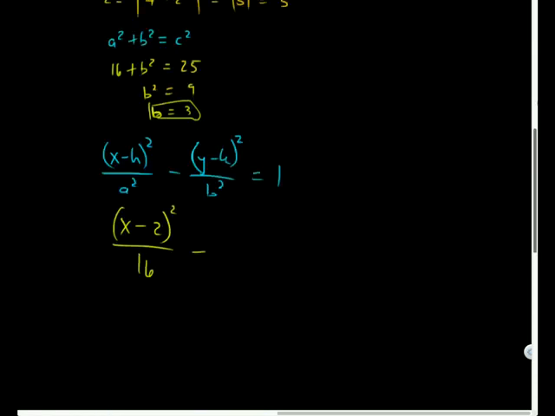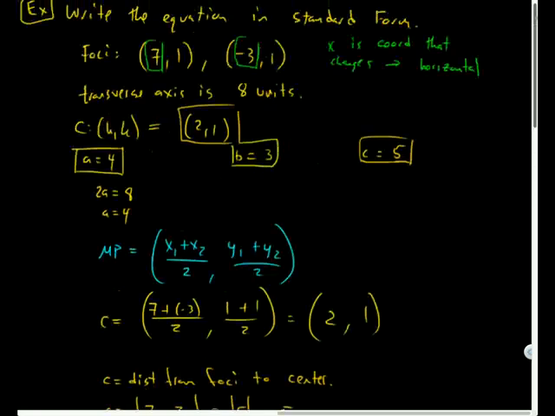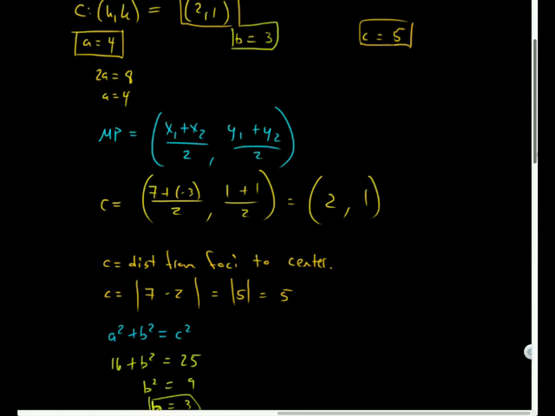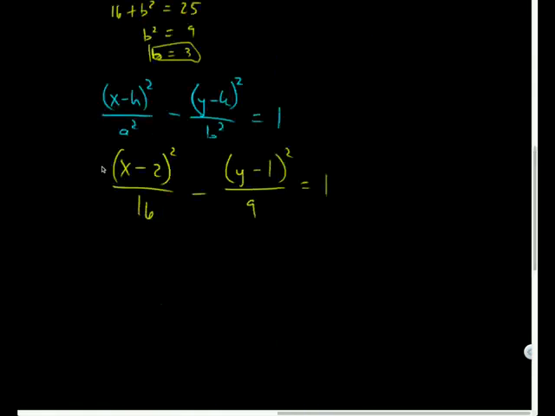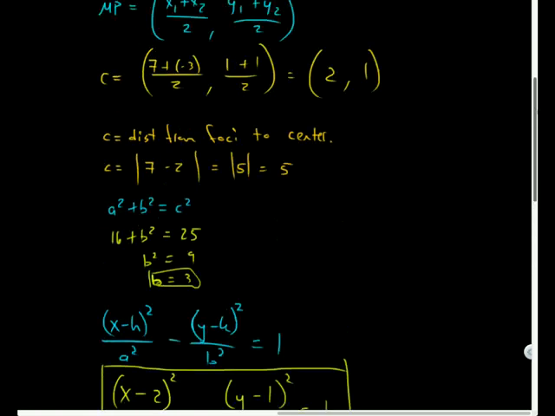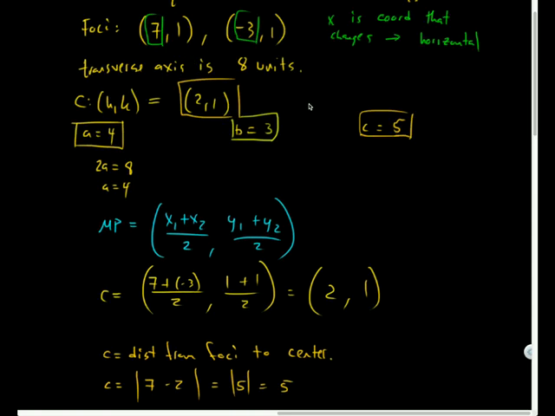Minus, b is 3, so b squared is 9. y minus what squared equals 1? What's the value of k? It was 1. So here is the equation in standard form. Based off of those handful of facts, I was able to assemble all of the other information I needed from those 2 pieces of information.